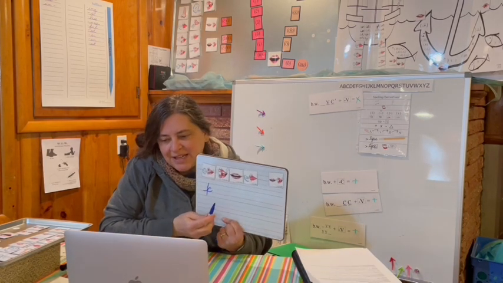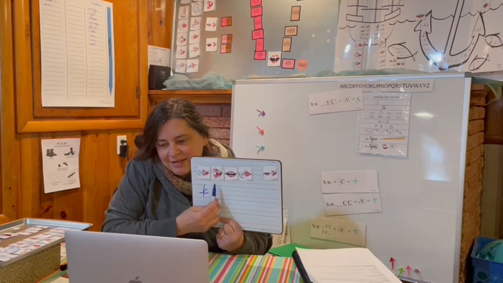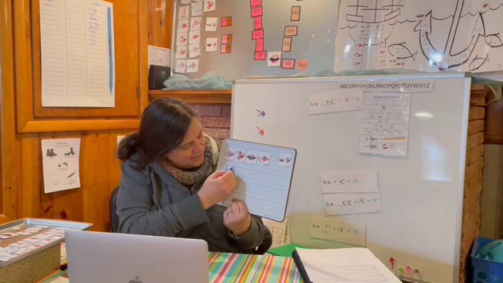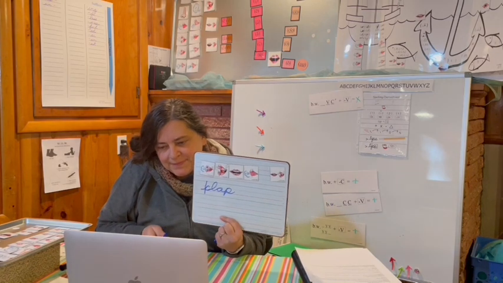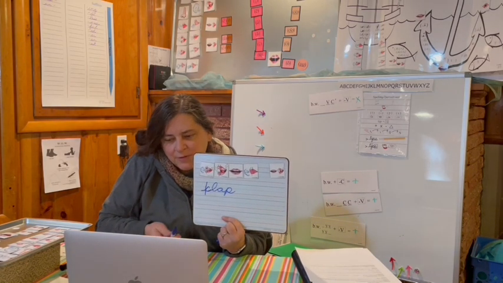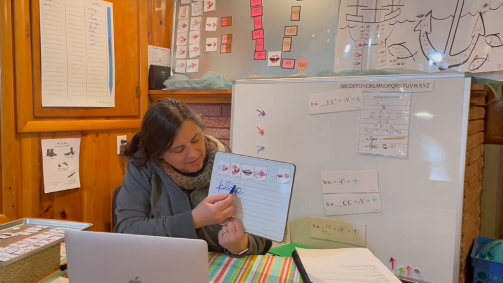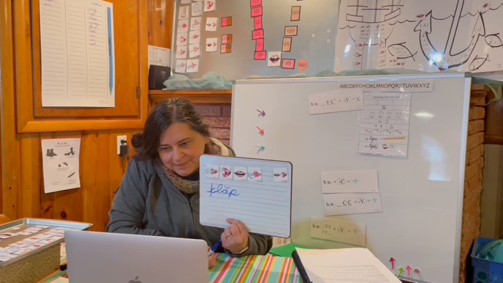Okay. So C, and then what's the next letter? P. That's the word clap. C-L-A-P. Clap. Good.